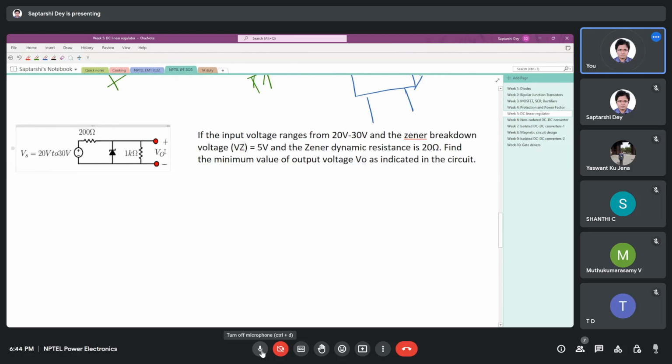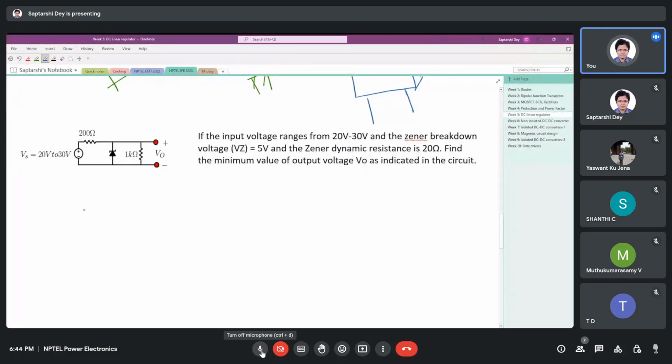So VO, the minimum value of the output voltage, we have to find out. Now it's a linear regulator, right? So minimum voltage will come when the input is minimum. So we will solve this circuit taking the input to be a constant DC of 20 volt.